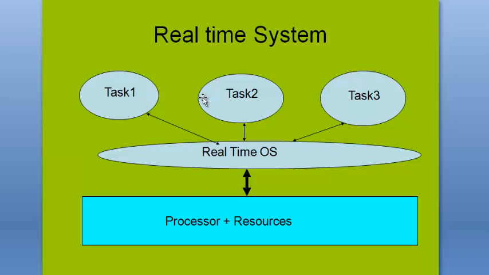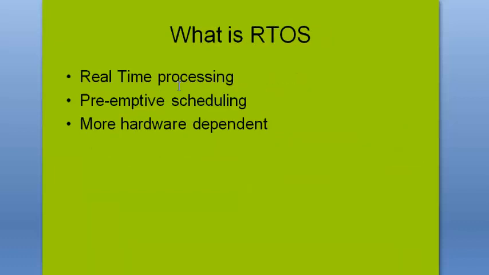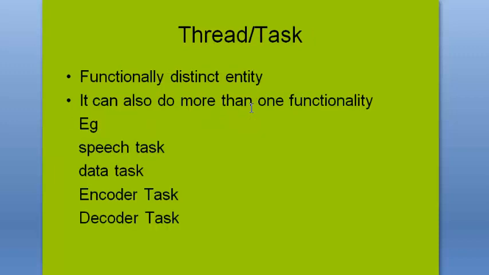So if a higher priority task wants to use the processor when a lower priority task is running, it can preempt the lower priority task and run. Once the higher priority task completes its function, control can return to the lower priority task. So preemptive scheduling, more of hardware. A real-time operating system runs closer to the hardware, specific to the hardware.